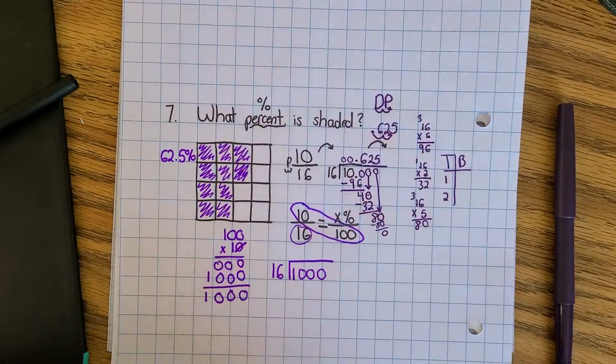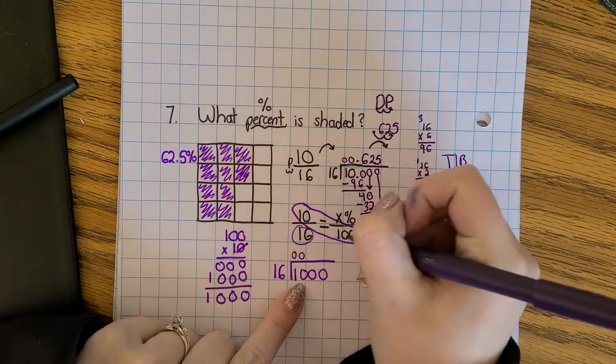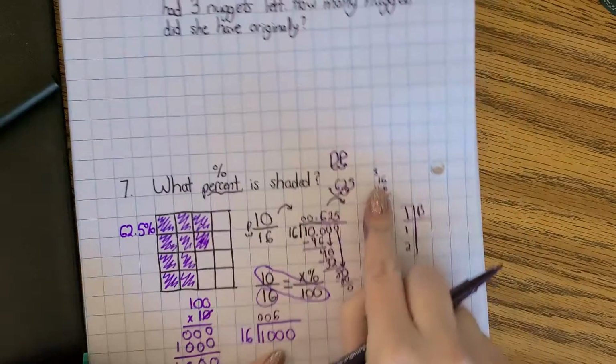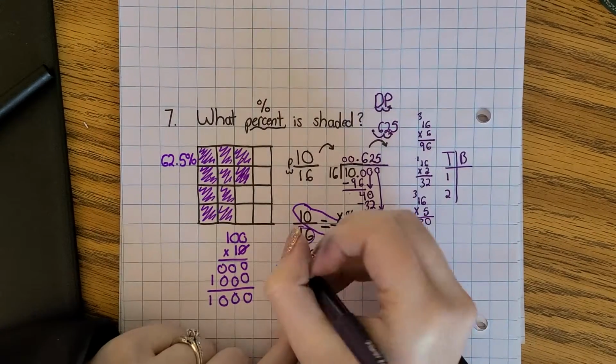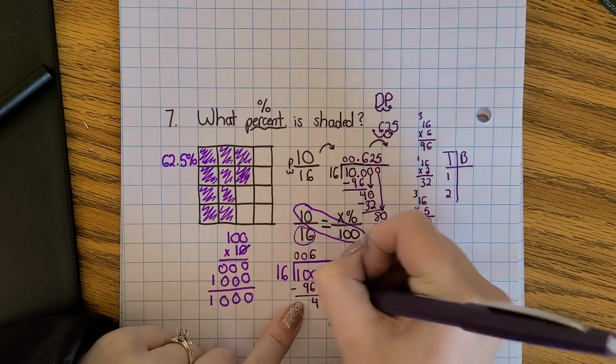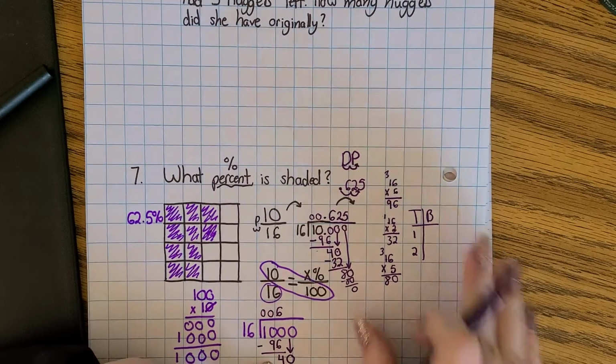16 cannot go into 1. It cannot go into 10. It'll go into 100 6 times, because we already said 16 times 6 is 96. 100 minus 96 leaves us with 4. Drop your 0. Okay.